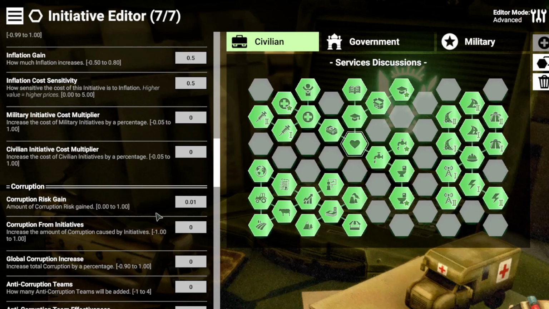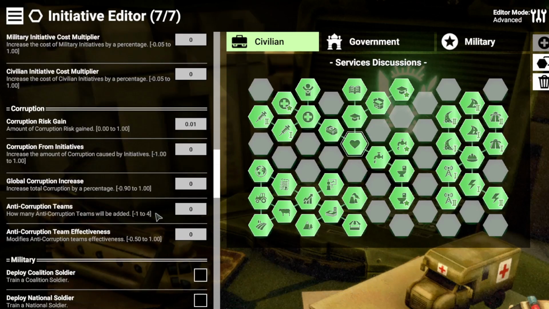Corruption from initiatives. Multiply the multiplier for initiative corruption risk. For example, a value of 0.1 means that future initiatives will add 10% more to corruption risk. Global corruption increase. Modify active corruption.